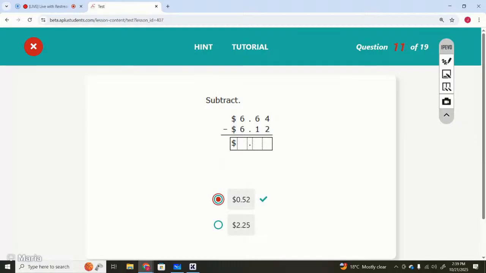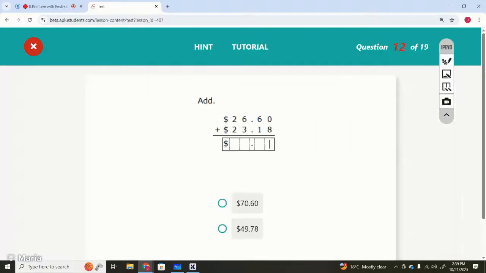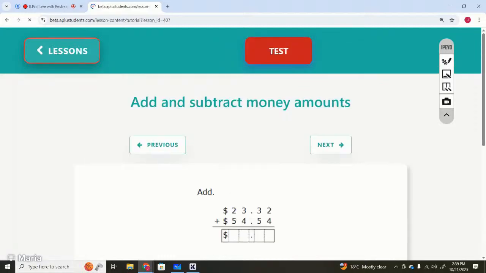That is 0.52. Option number 1 is the correct option. Okay, you can complete the lesson by yourself later today.